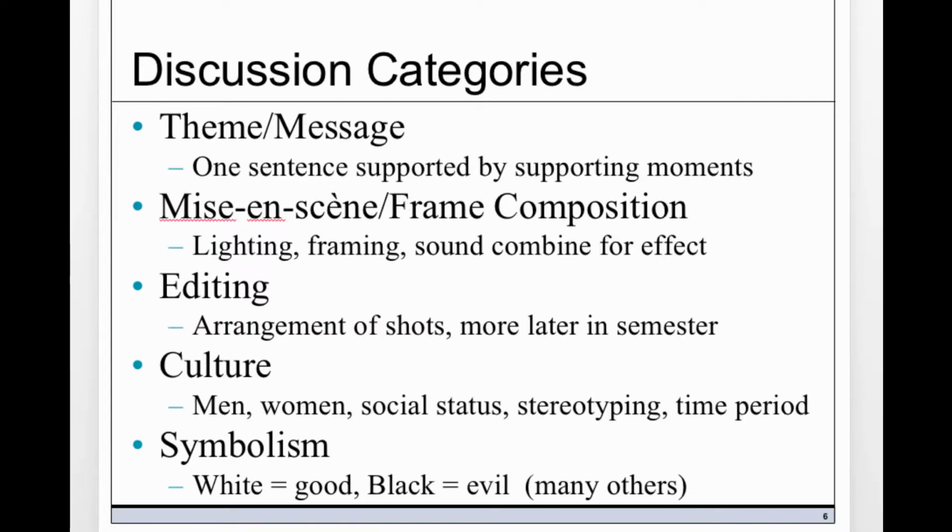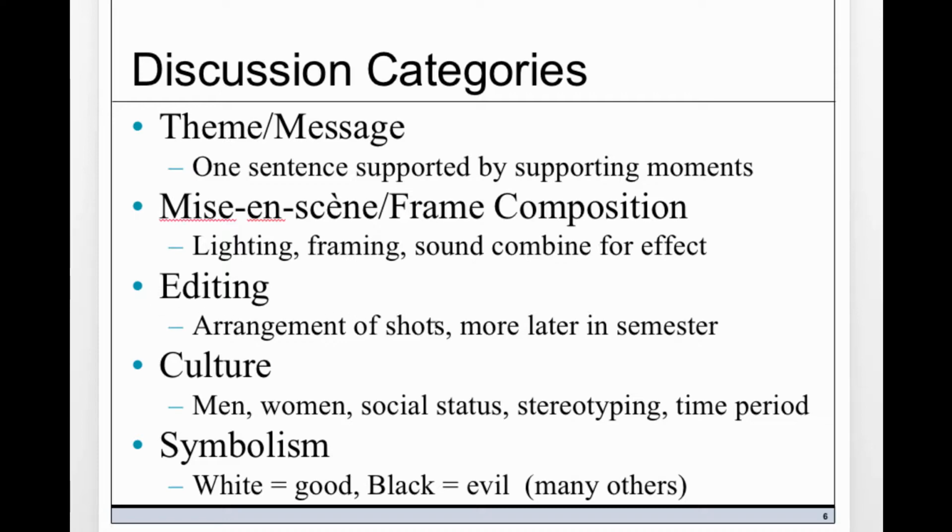Okay, the discussion categories. Each one is important. First, there's the theme and message. That's category 1. Write one sentence that supports your point about what you thought the message was, and we'll go through that a little bit more. Mise-en-scène is frame composition. You look at lighting, framing, and sound to see how that impacted the moment.